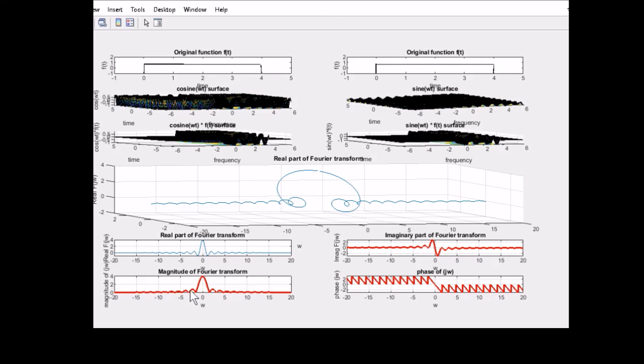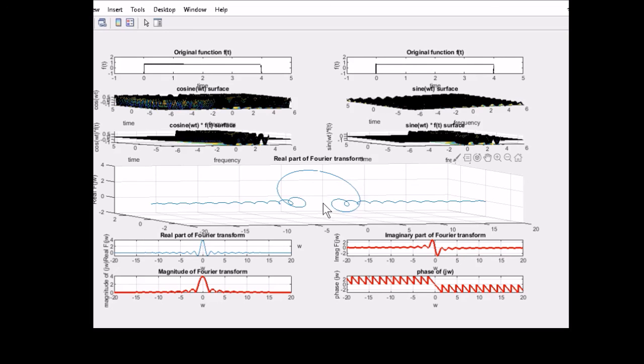So this here is the magnitude plot which has been generated from this function here. If you were to take an axis along the centre here, the magnitude would be the distance from the axis to a point on the curve.